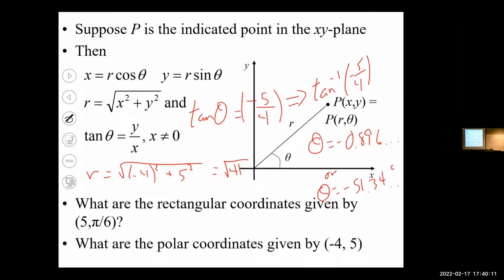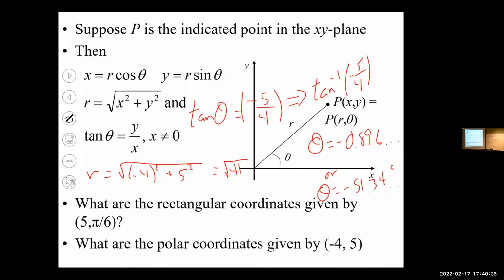All right. Now, something very important we need to talk about here, and this is something from your trig that I need to make sure I remind you about. First off, a lot of times we'll want theta in between 0 and 2 pi. Neither of those angles are between 0 and 2 pi or 0 and 360.